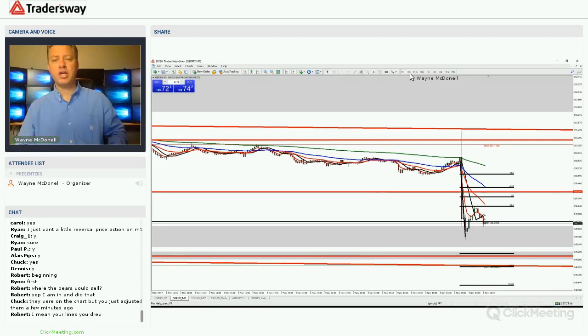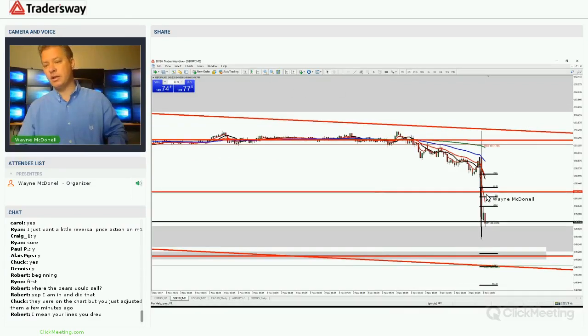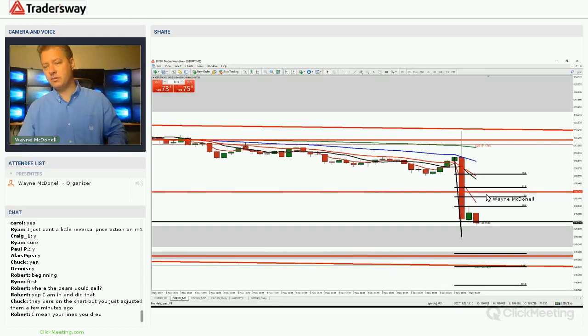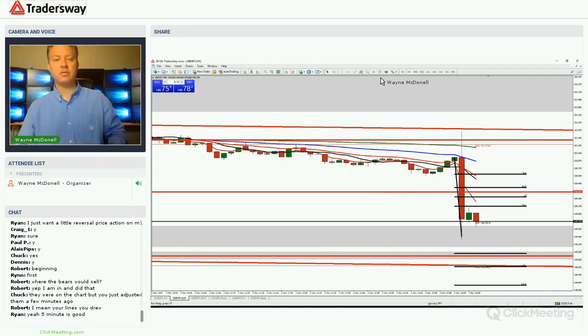But what I was suggesting is you might want to use the 5-minute and expect a much bigger pullback to like 150.50. But I don't think it takes a rocket surgeon to know to sell this at 150.00, right?